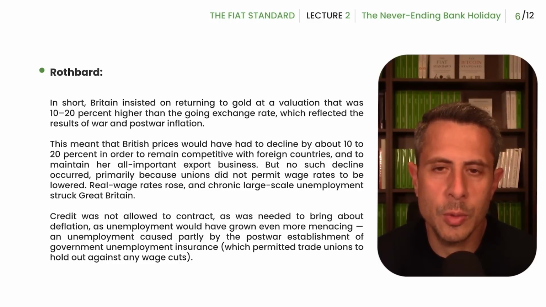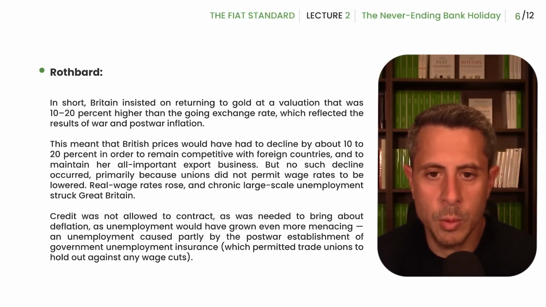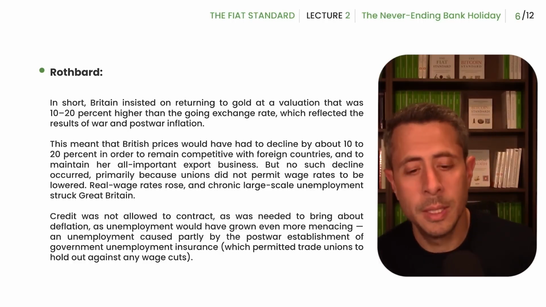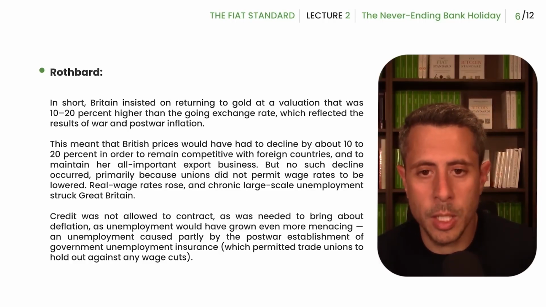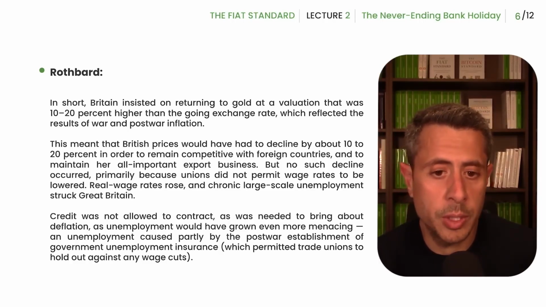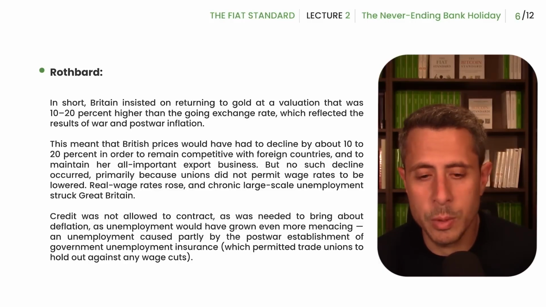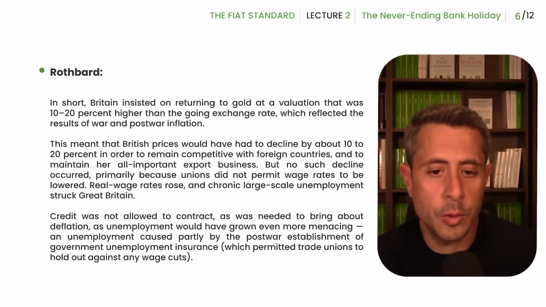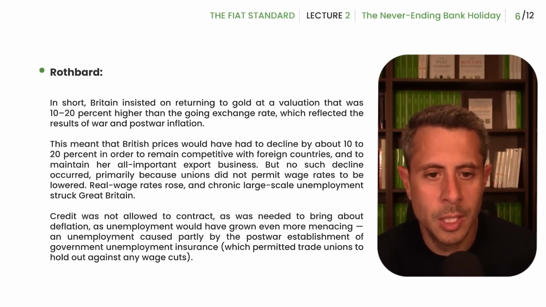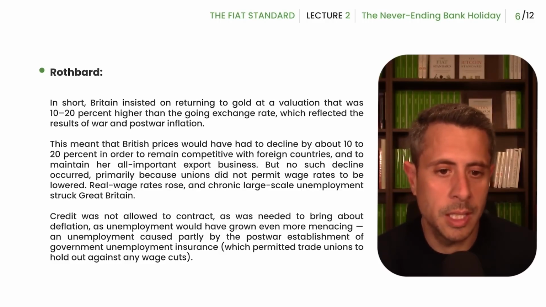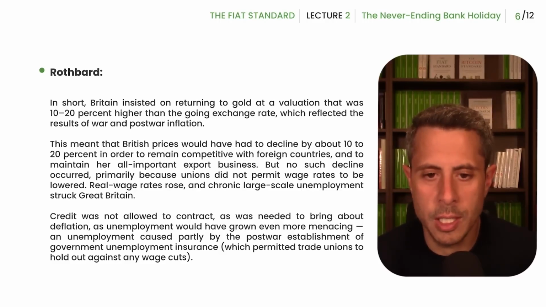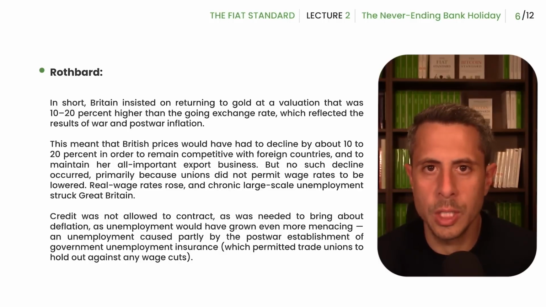They had to continue to spend and print money and generate credit, because that would allow unions and strong politically connected influence in Britain to continue to basically live the economic delusion that they were still in the pre-war period and that the inflation had not happened and that prices and wages don't need to adjust.